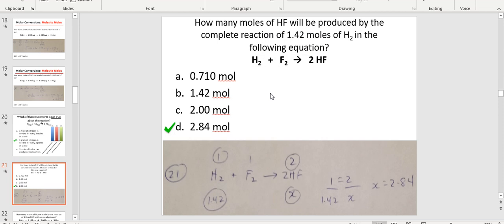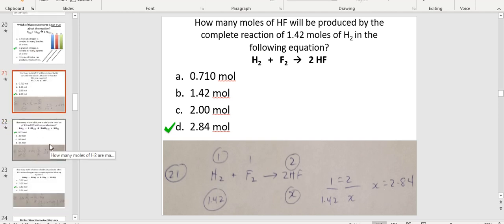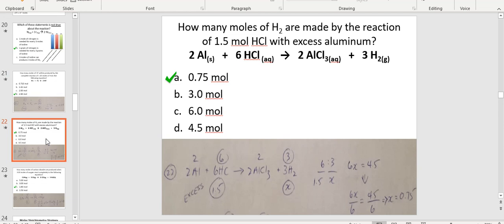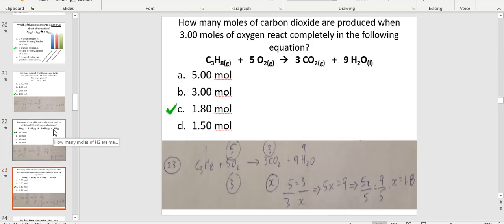What information did I give you? 1.42 over here, just like it's been set up crisscross. Okay? This is mole, mole. Again, this is mole, mole. I give you moles. I'm asking for moles. One box, away you go. Same thing.